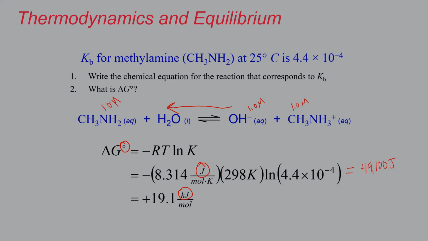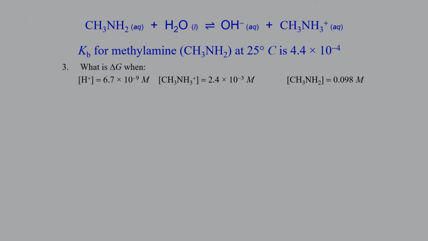Now let's figure out what the delta G is under those very specific conditions that I gave, which were these right here. We've got 1 molar, we've got 6.7 times 10 to the negative 9 molar hydronium or H plus. So this is under basic conditions.